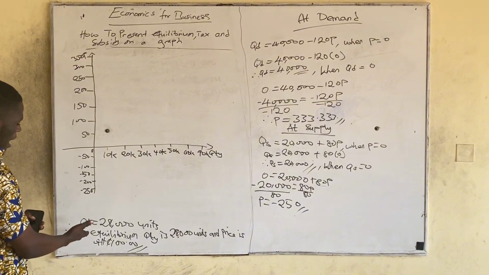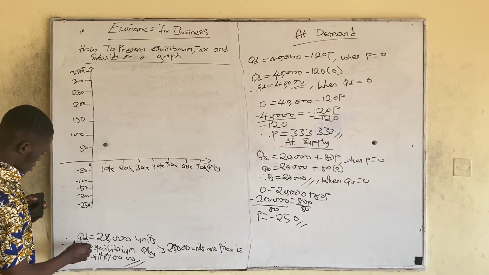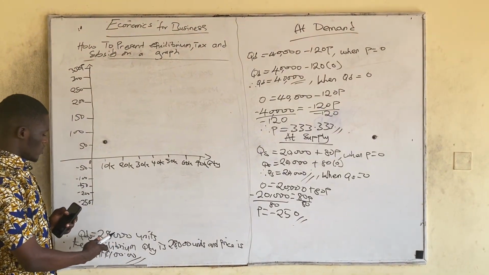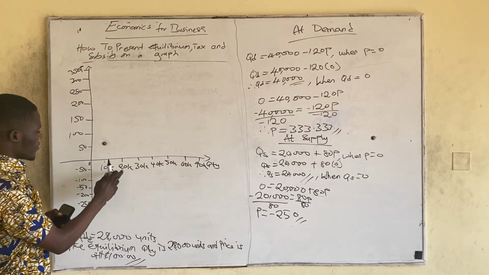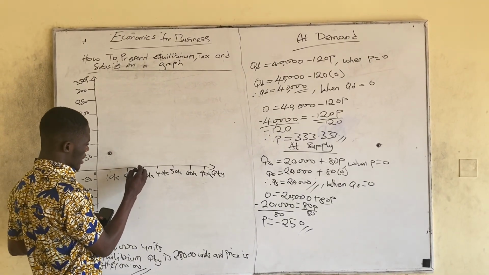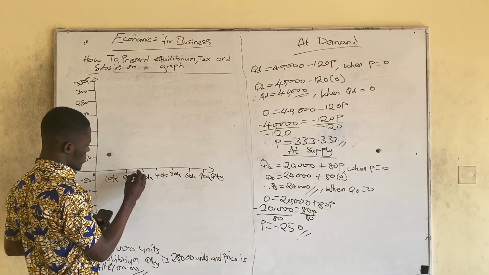Okay, now let's present it on the graph and see how it will look. Here, our equilibrium quantity is 28,000. So we have 20K here, so our 28,000 will come this side, 28K.